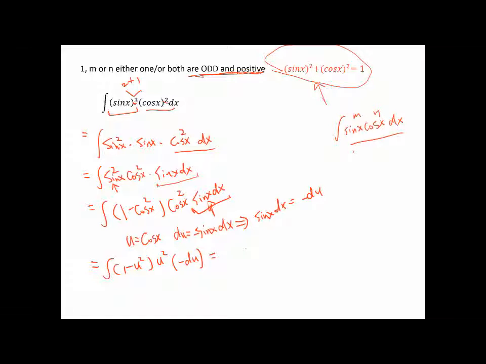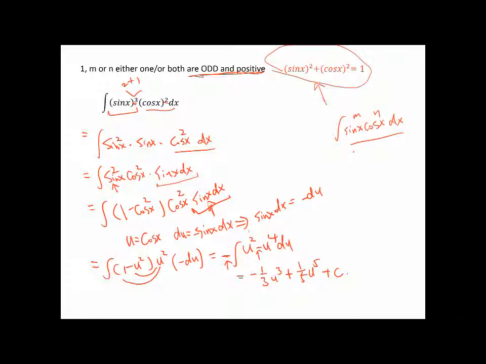Equals, I take this negative sign out, which is negative integral, and multiply this in, which is u squared minus u to the fourth du. Solve this: negative 1/3 u cubed plus, negative times negative, 1/5 u to the fifth. Don't forget plus c.